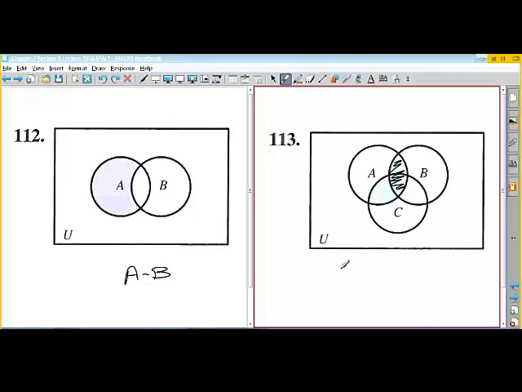So this part here, that is A intersect B. This area here is A intersect C. The whole thing, all of this stuff, which is what I'm looking for, is going to be A intersect B union A intersect C. And there's probably more than one way of doing it, but that's probably the easiest way of doing it.